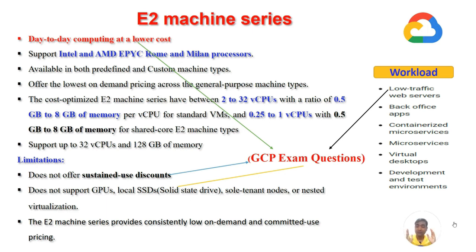Guys, the E2 machine series is best suited for low traffic web services, virtual desktops, and more. As you can see here, I have mentioned a couple of workloads for the E2 machine series, and it would be helpful for your GCP examination, as well as for selecting the best machine series for your project requirement.